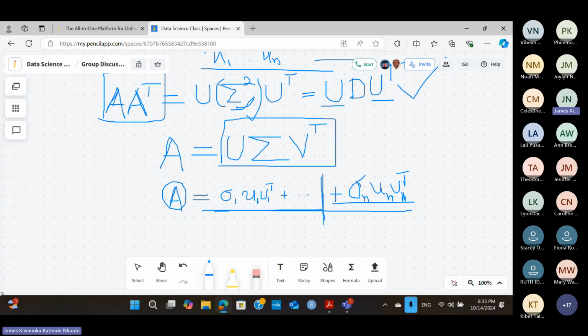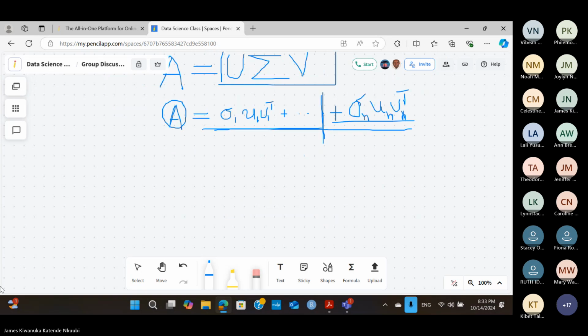So the example we have is here. Let's pick the matrix 1, -1, 3, then 3, 1, 1.